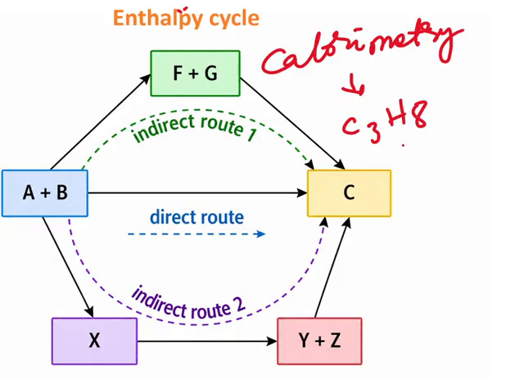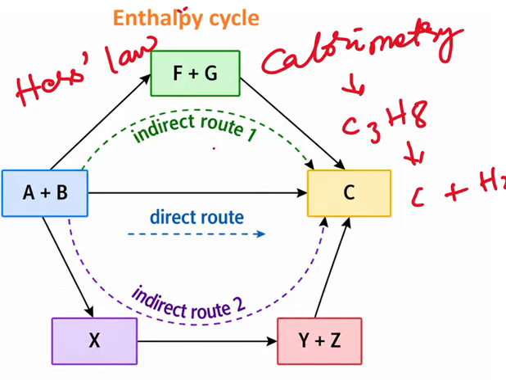C3H8 is derived from its elements, carbon and hydrogen, but carbon and hydrogen do not combine at standard conditions to form propane. So measuring the enthalpy change of formation of propane is quite challenging using calorimetry. Hence, we go for another method, which is using Hess law.